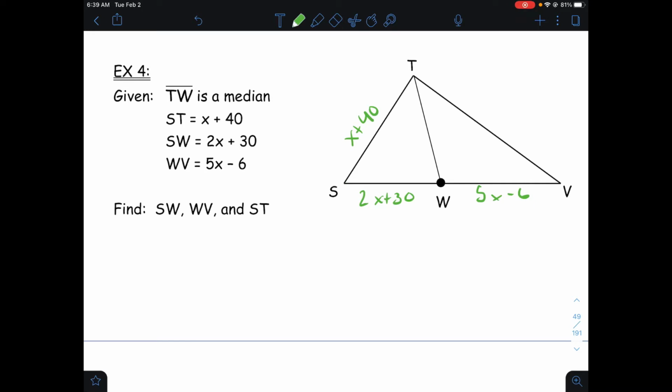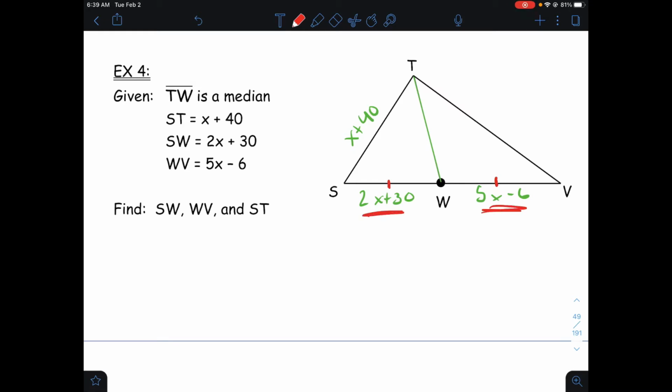So they told us that TW is the median. If TW is a median, that means that this line segment has to be congruent to that line segment, and if that's the case, we can set them equal to each other. We can set 2x plus 30 equal to 5x minus 6.